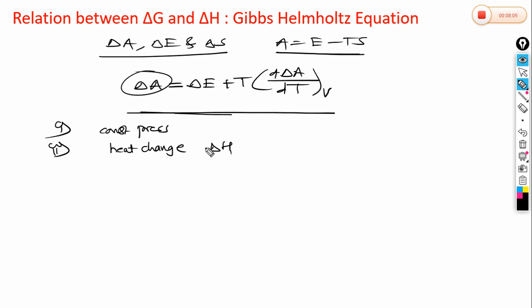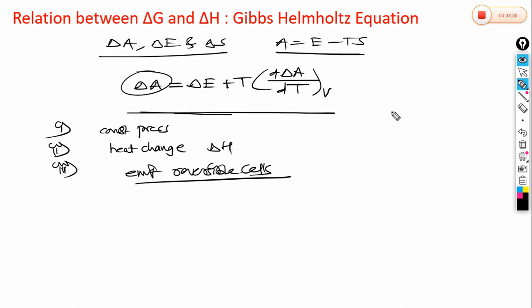Third, it can be used in calculating the EMF of reversible cells. So these are the applications of the Gibbs-Helmholtz equation.